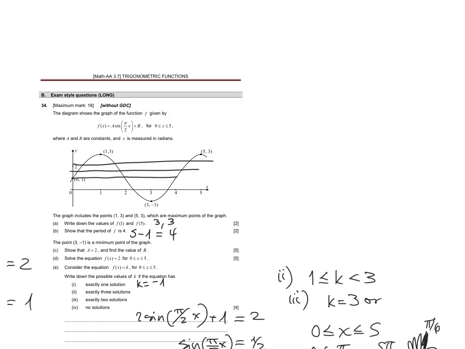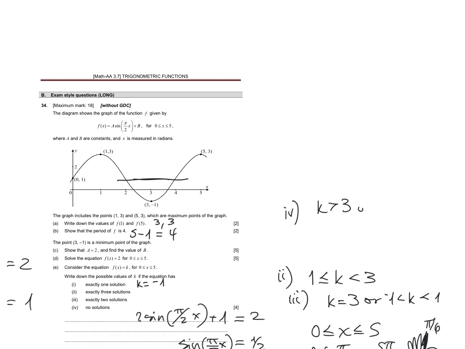But also below 1, so below 1, it's got 2 down to -1, because at -1, it's got 1 solution. No solutions, it's going to be greater than 3 or less than -1.